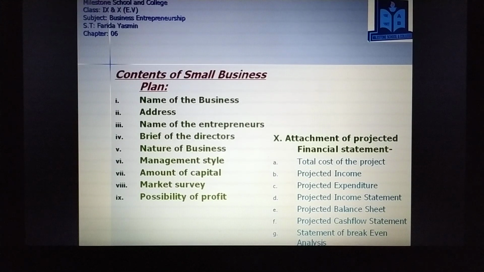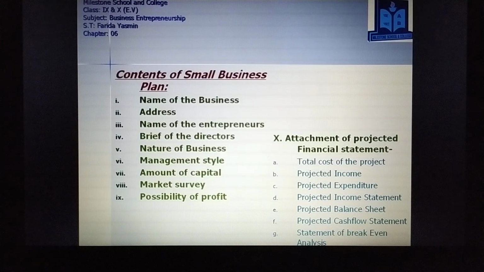Number 9, possibility of profit generation. Okay, it's an important content, that is possibility of profit generation. Target profit and guideline to achieve future target profit should be mentioned in this content. Now the last point is number 10, attachment of projected financial statement.